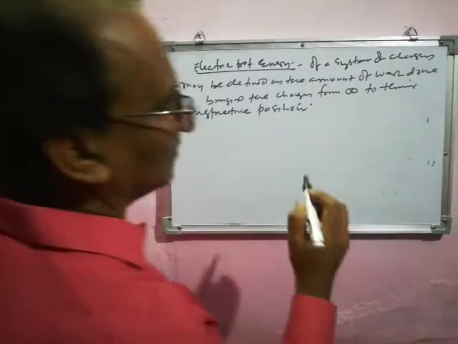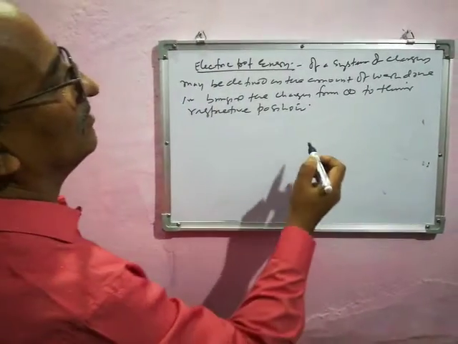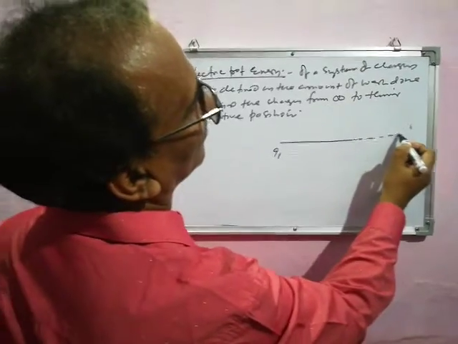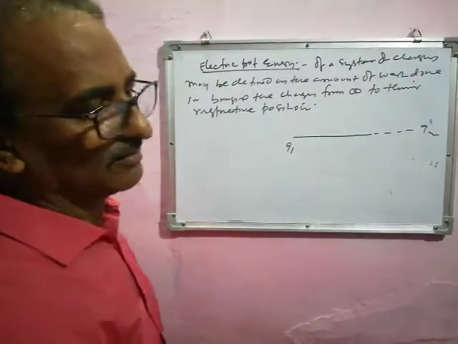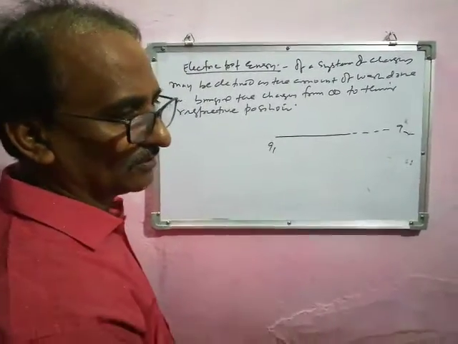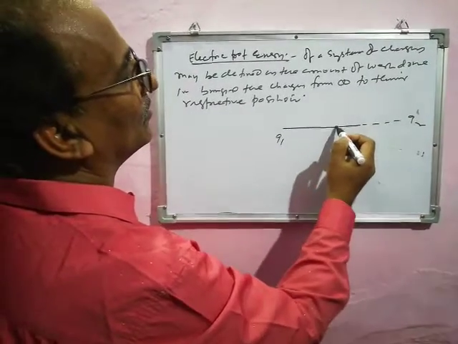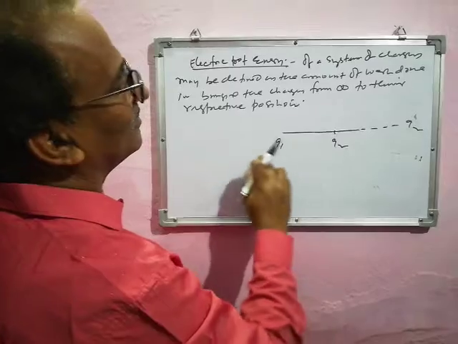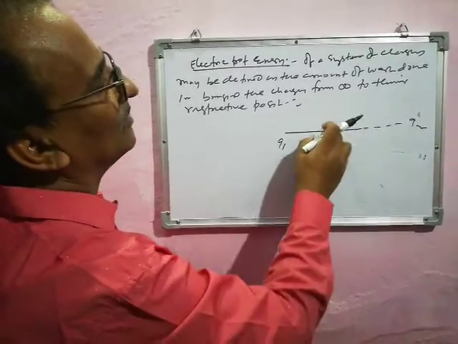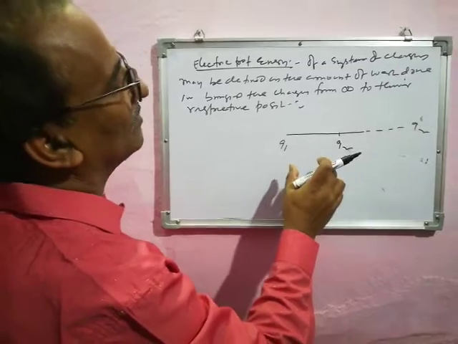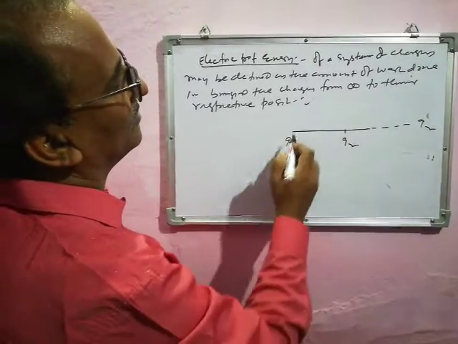So as you see here, if these two charges Q1 and Q2 are separated by infinite distance, they do not have electric potential energy. But if the charge Q2 is brought here and it is in the field of charge Q1, now they interact with each other and this system possesses an electric potential energy.